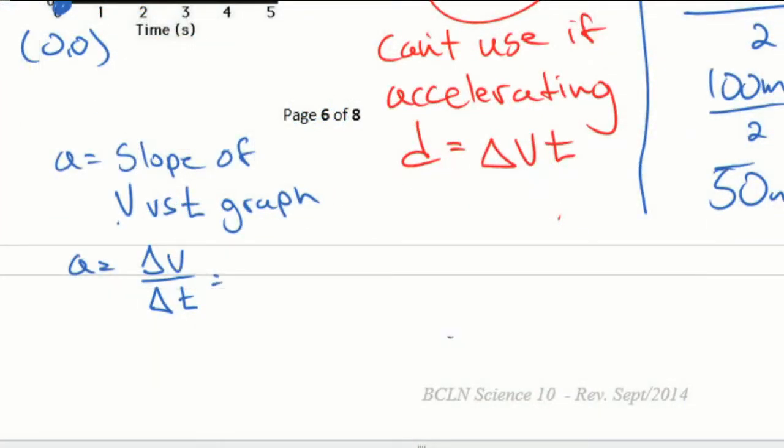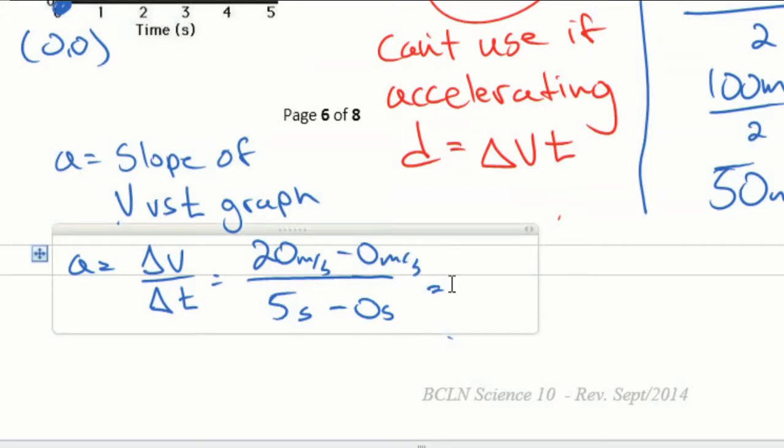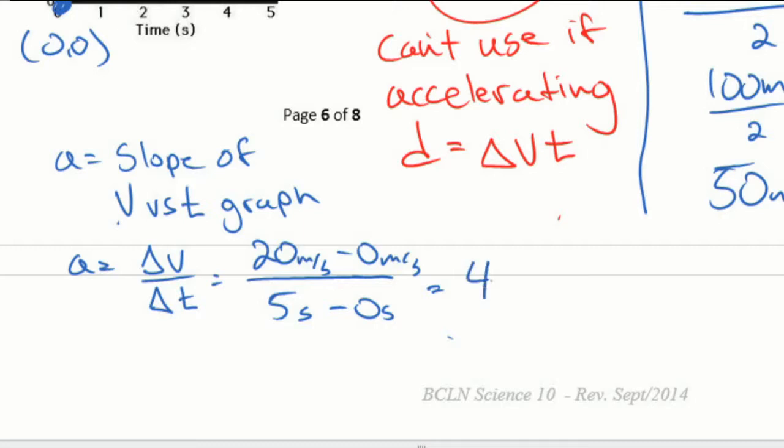So my y2 minus y1 is going to be 20 minus 0, and my change in time is going to be 5 minus 0. So 20 divided by 5, my acceleration is 4 meters per second squared.